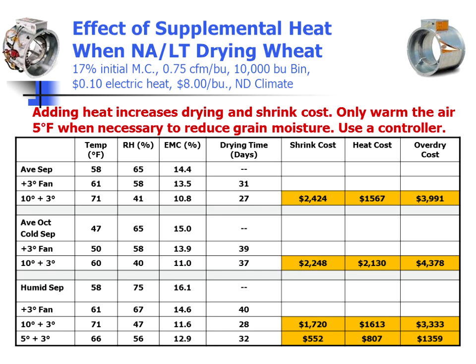We really haven't speeded up that drying time, but when we start looking at the costs associated with that added supplemental heat, we're looking at a shrink cost of about $2,400, a heat cost of about $1,500, and almost $4,000 on this 10,000 bushel bin of wheat for adding supplemental heat when we really didn't need it.